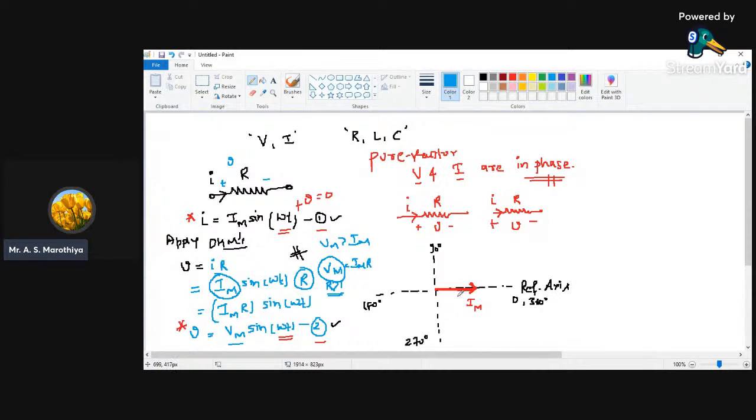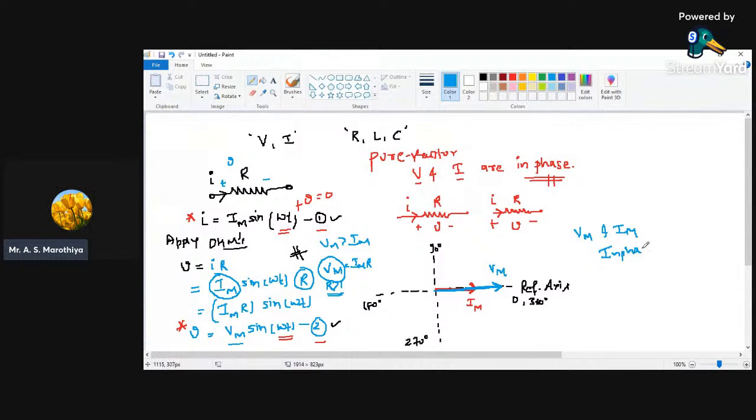Theta is going to be 0. That means it is going to again coincide with the reference axis. So this is going to be your Vm again over here. Now from this graph it is very clear that Vm and Im are exactly in phase with each other.